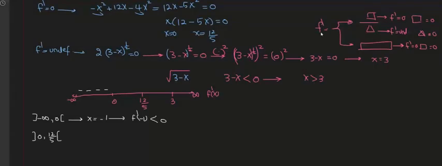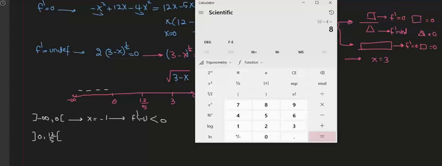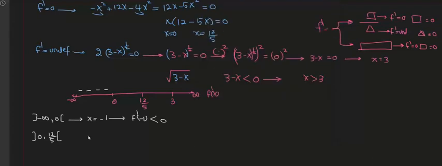And then from 0 to 12 over 5, we will pick any point in between. 12 divided by 5 is 2.4, so we might pick 2.5.